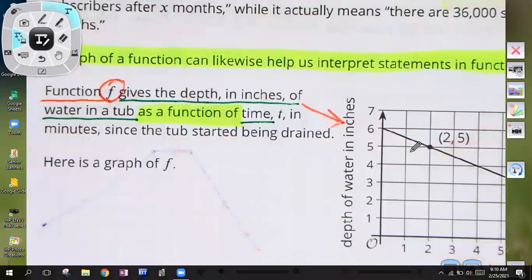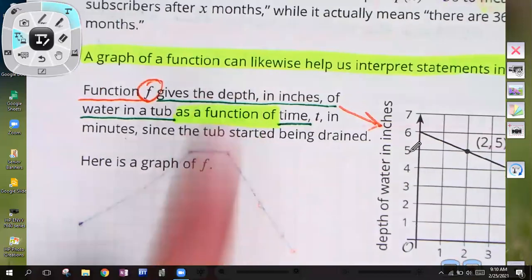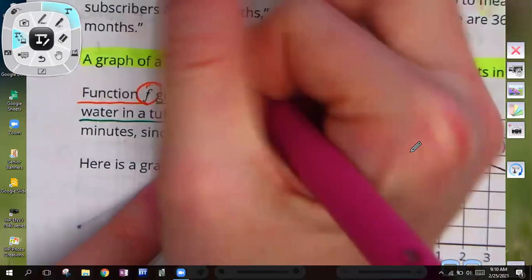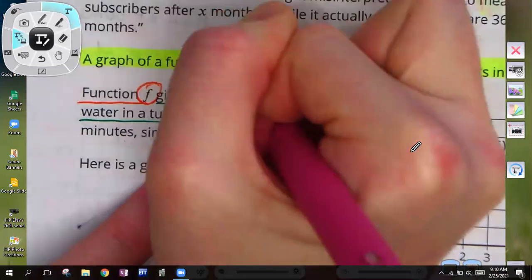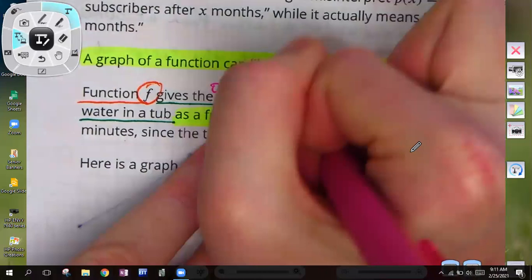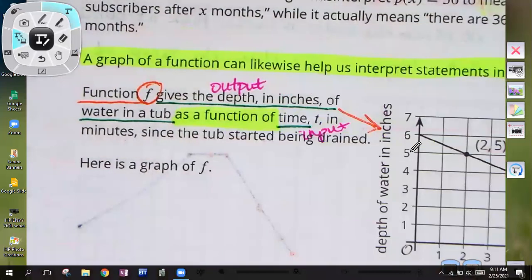Now, when we have that little phrase, what is the variable in front always? The y, the output. So the output here is the depth of the tub. All right, what's my input? The time in minutes since the tub started being drained.